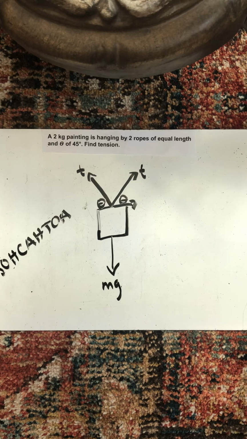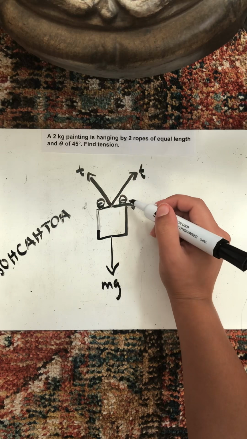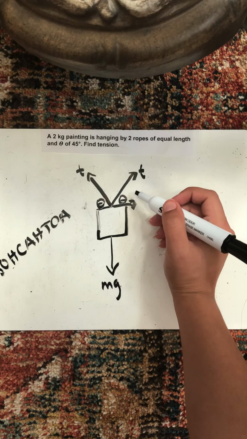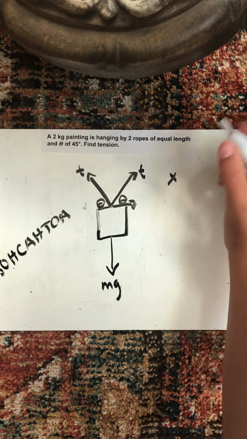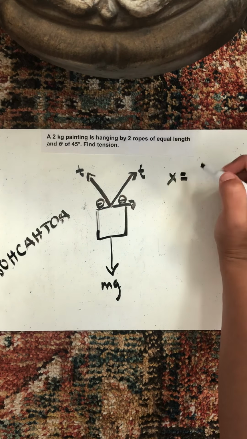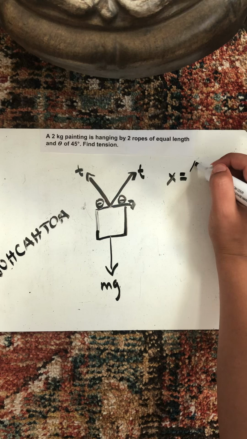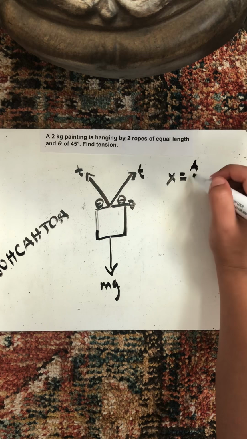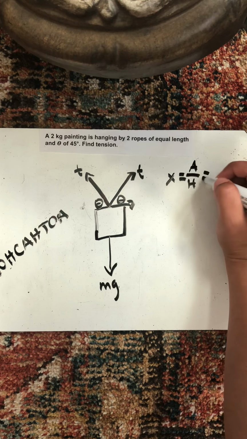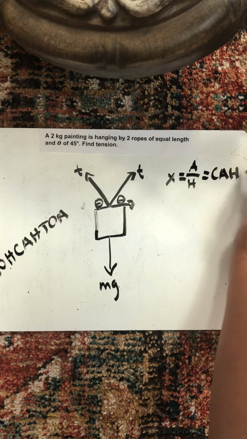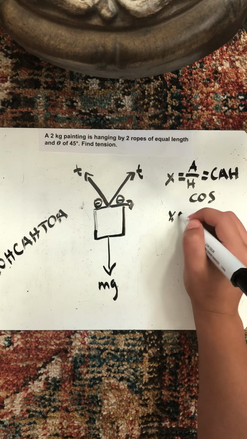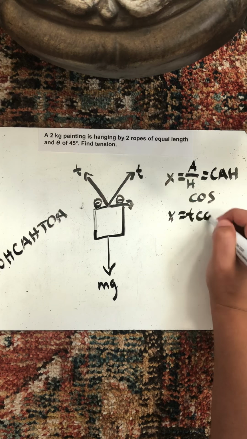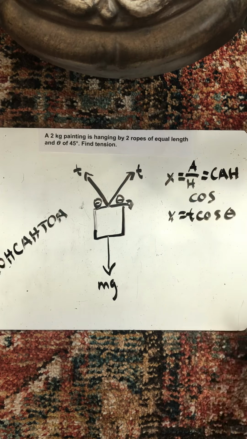So for your x component, since it is adjacent to your theta and your hypotenuse always has to be in the denominator, your x component is going to be equal to adjacent over hypotenuse, which comes into correlation with CAH, which is cosine. So your x component will be equal to T cosine theta.